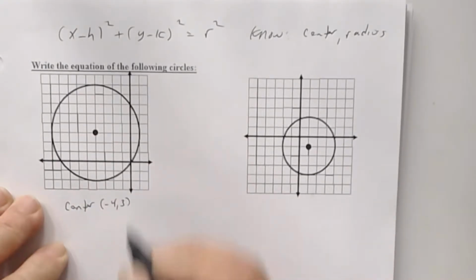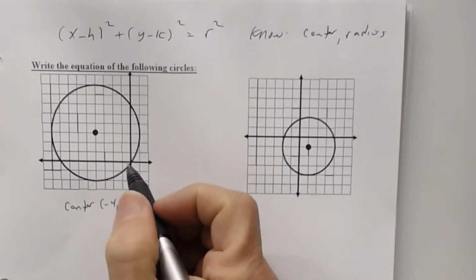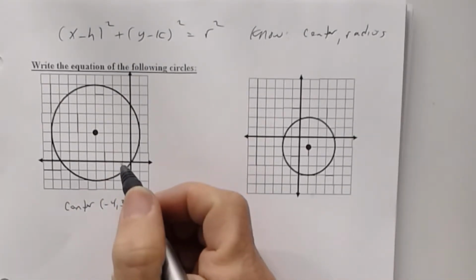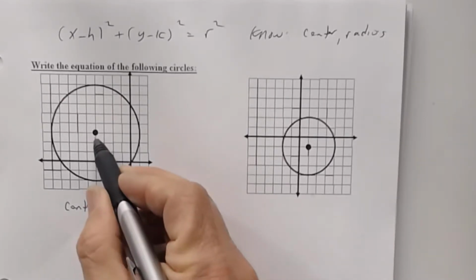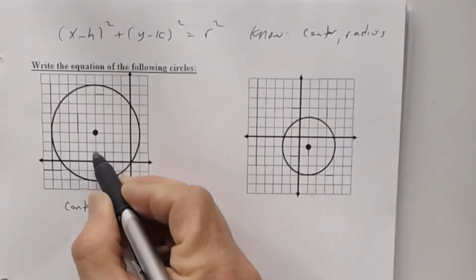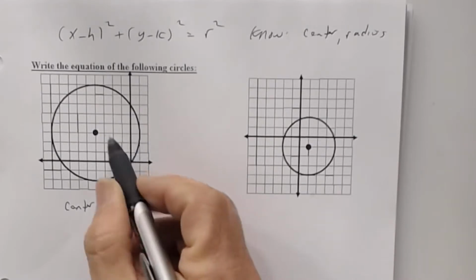Now, this one's easy enough to determine the radius because of how it's situated. When you drew your circles, if the radius was 7, you went 7 up, 7 down, 7 right, 7 left. So when I go down, 1, 2, 3, 4, 5, the radius is 5 units.